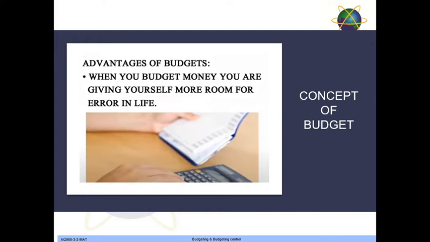When you budget money, you are giving yourself more room for error in life, which means if you budget your expenses in July, like the example I told you before, when you have that full budget list, you give yourself less error, which means less overspending in July, because you already have your budget.